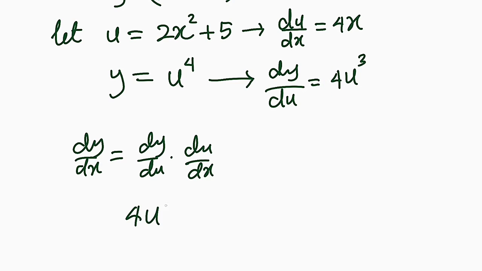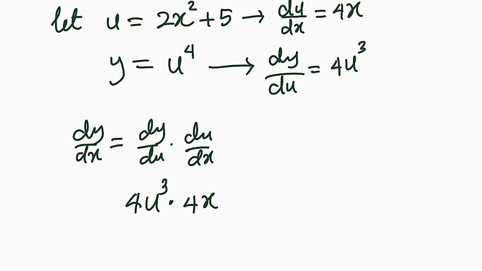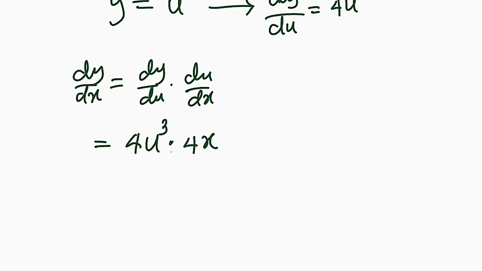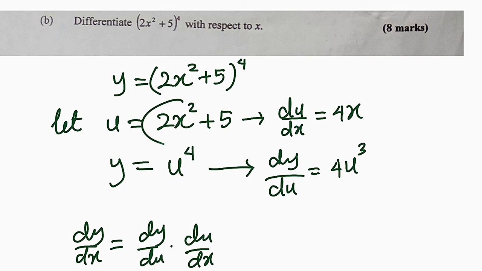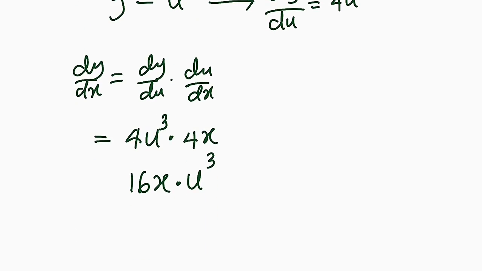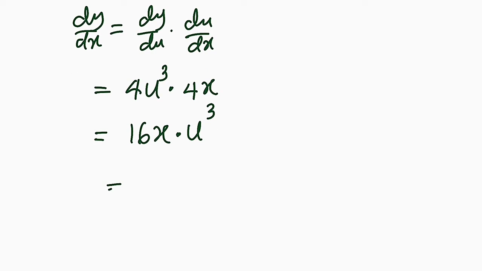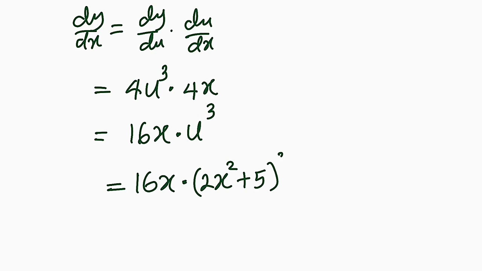So we have 4u to the third power multiplied by du over dx, which is just 4x. 4 times 4 is 16, so we have 16x times u to the power of 3. But we have learned that u is equal to the whole of this, 2x squared plus 5. So this is equal to 16x multiplied by 2x squared plus 5, all to the third power, right? So this is dy over dx.